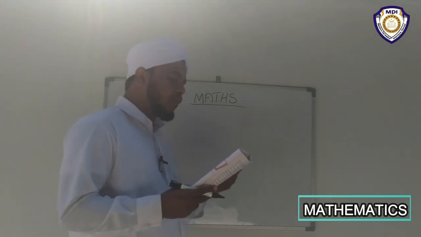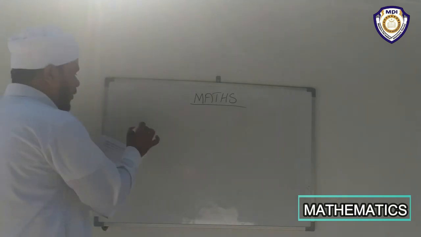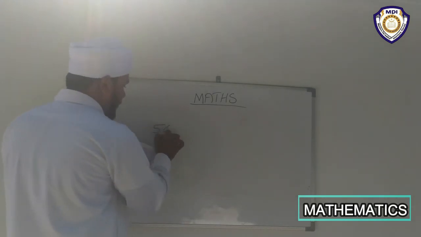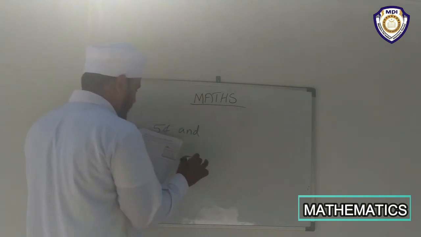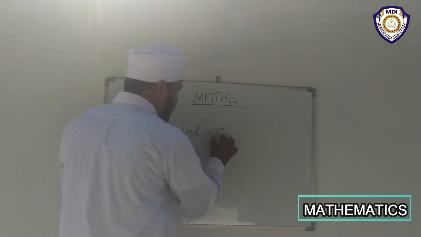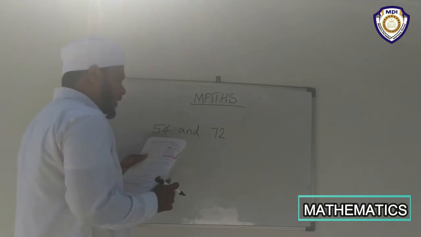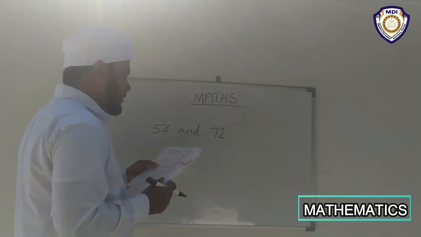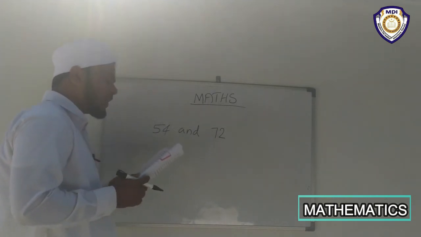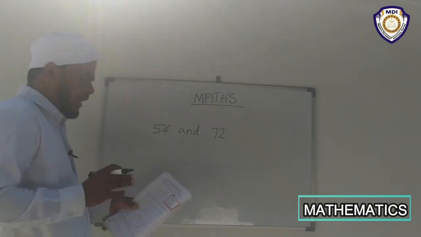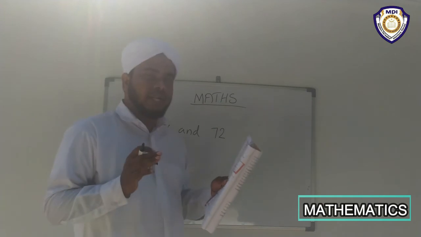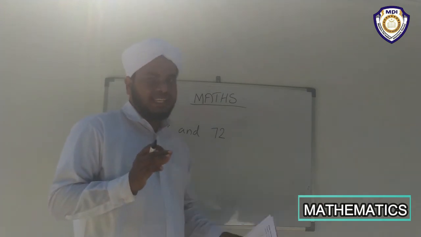Example 1. Find the HCF of 54 and 72 by the prime factorization method, factorizing the numbers using the prime factorization method. This is the factorization method of finding HCF.